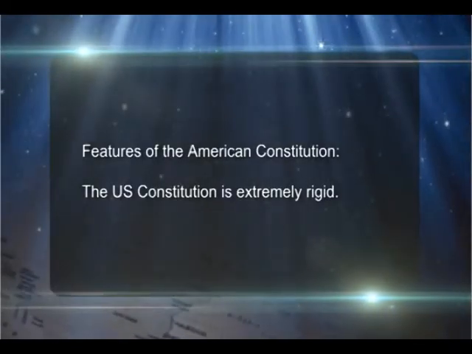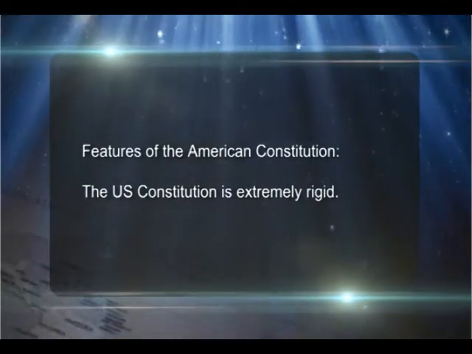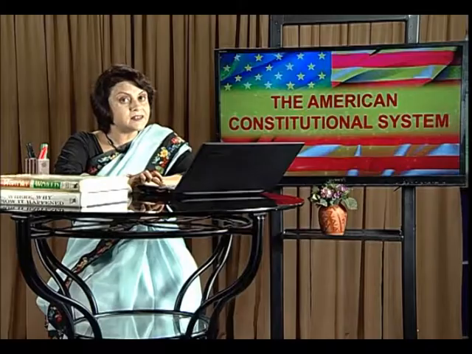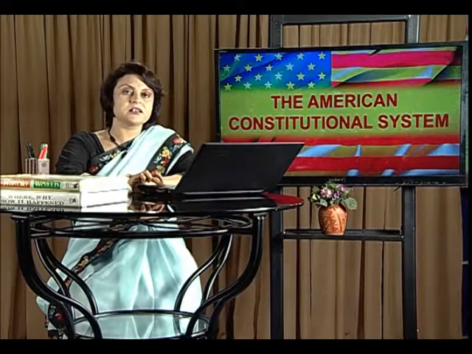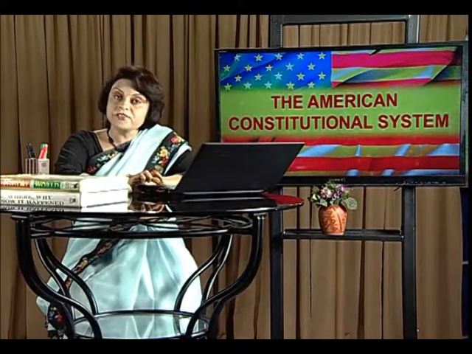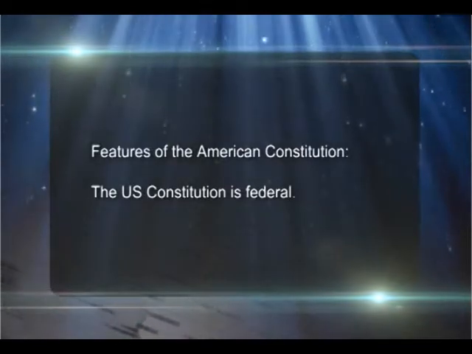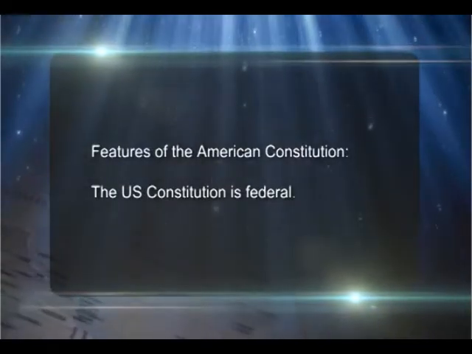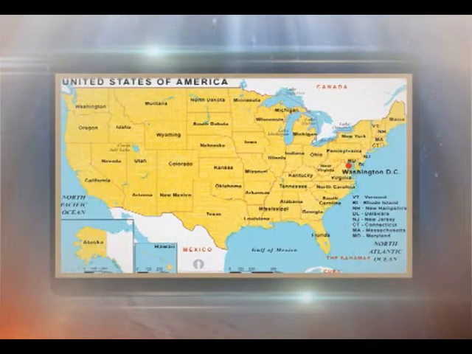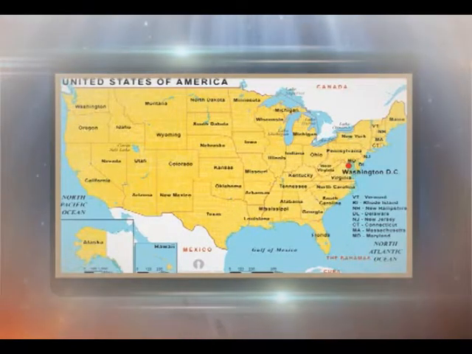The US Constitution, in fact, is extremely rigid and it can be amended only by a very lengthy, cumbersome method which can practically take a long number of years. The US Constitution also represents a federation, and the federal character is represented by the fact that it is a federation of 50 states at present.